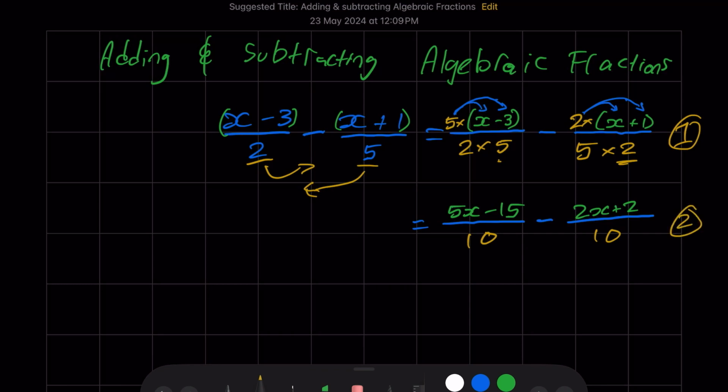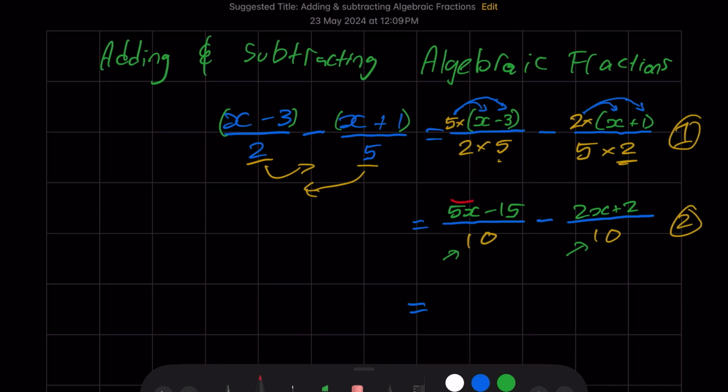You can see now that we have got the same denominator down here. They are the same. So we can now move on to step 3 and subtract our numerators. Take note that we have got like terms.